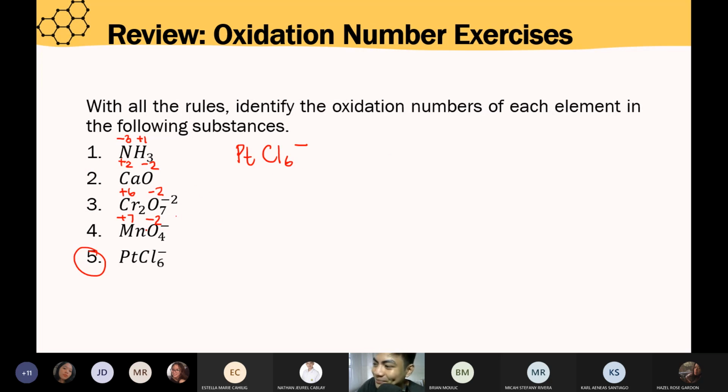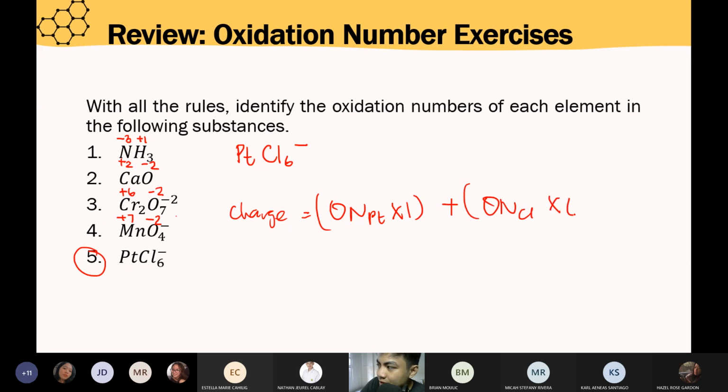Okay? Anyway, PtCl6, no? So, platinum hexachloride. Ayan. So, anyway, ano yung kanyang charge? Okay, so that's equal to the oxidation number of platinum times isa siya plus oxidation number of chlorine times 6.